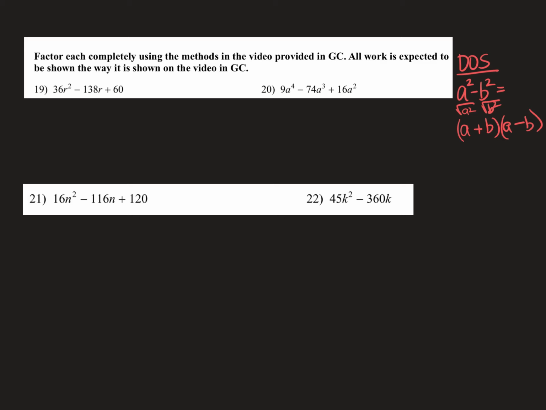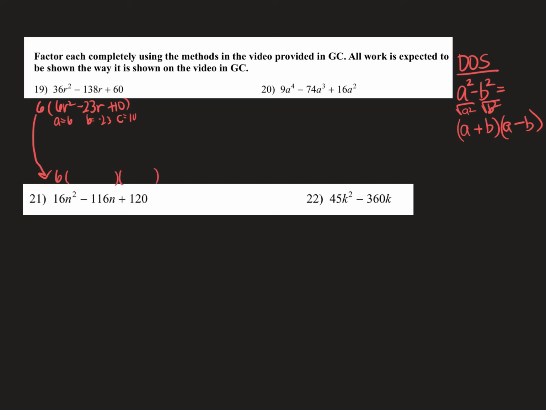So I'm going to take out 6, so that'd be 6r squared minus 23r plus 10. So A is 6, B is negative 23, C is 10. Bring down this 6. That might be my final answer.